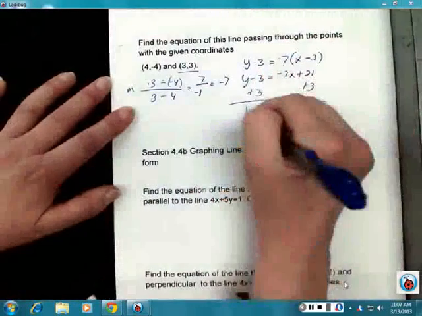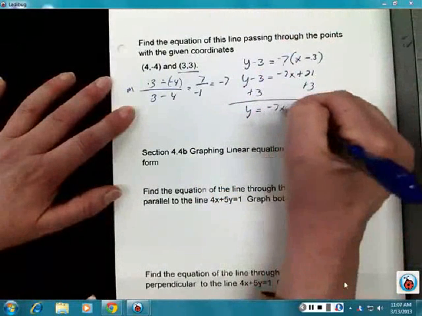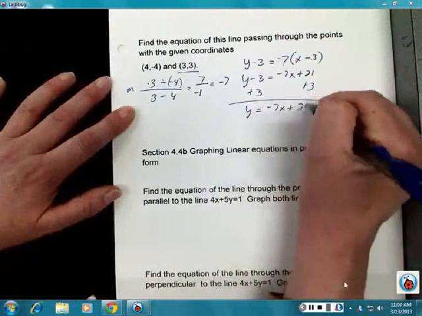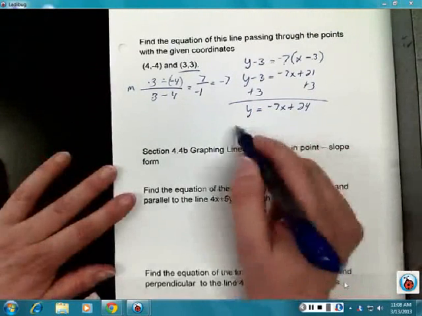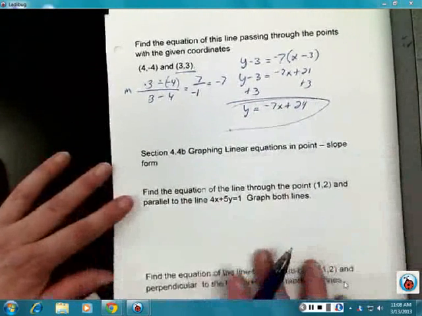And I find y is equal to a negative 7x plus 24. And that would be my solution. Alright on those? That is that section.